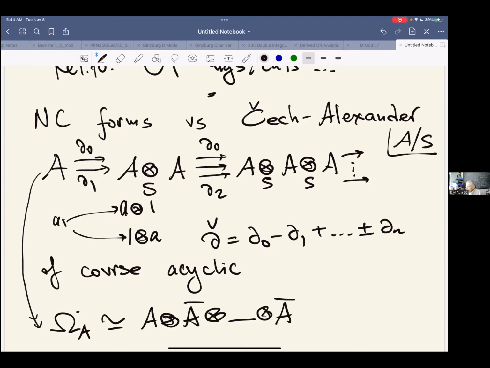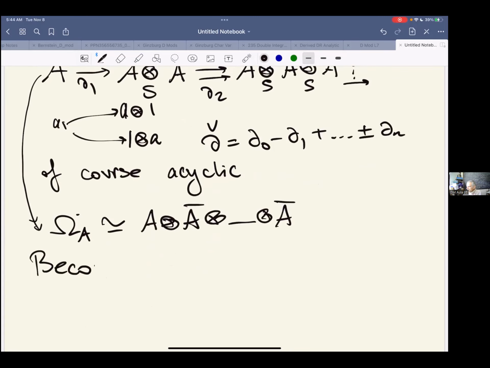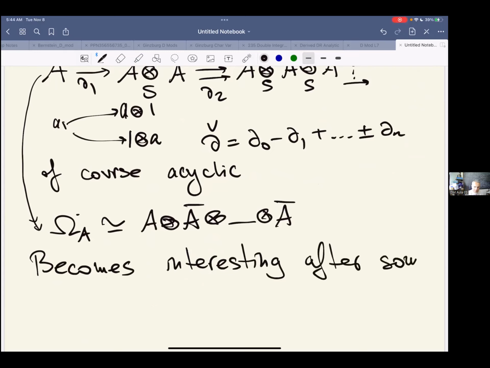Of course it is acyclic, but in the commutative case, it becomes interesting after some completion.